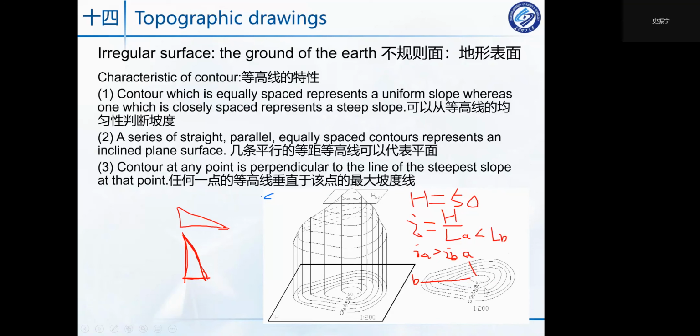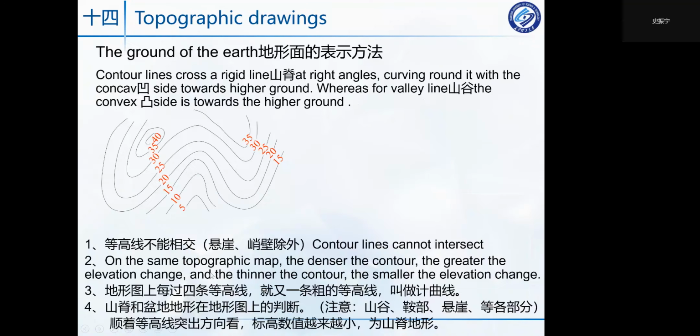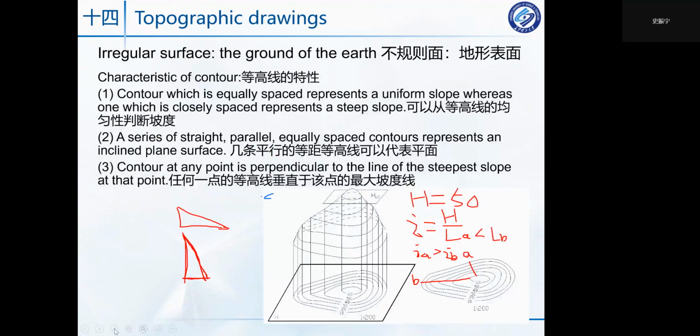So for example, if I want to find the steepest slope line from this point, it must be perpendicular to the contour line.